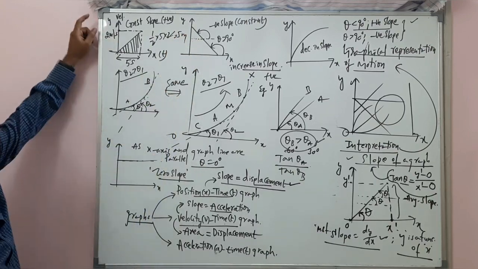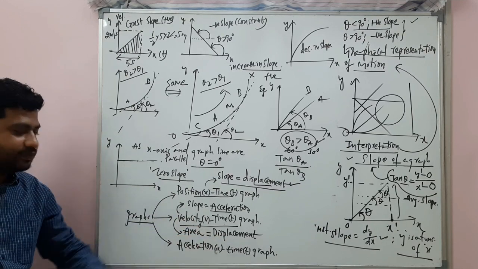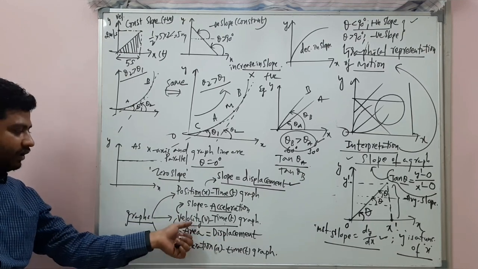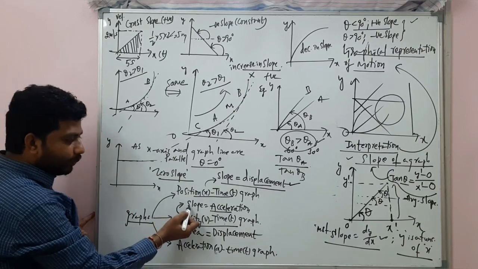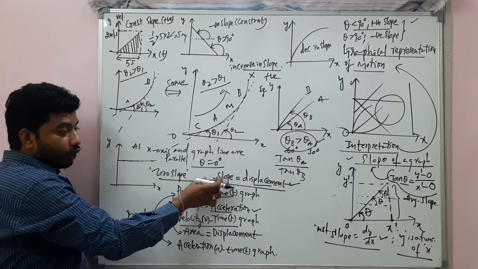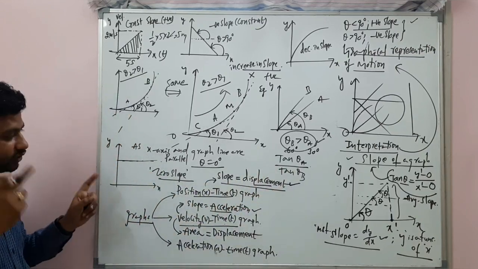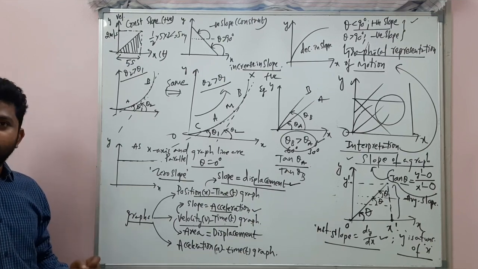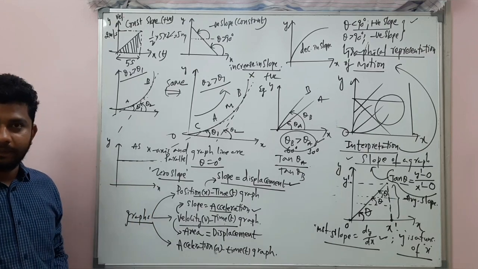So area under this graph will give some physical quantity that's called displacement. Area under velocity time graph gives you displacement, and slope of velocity time graph gives you acceleration, and slope of position time graph gives you displacement. My dear children, listen to this carefully because based on this only our next topics depends.